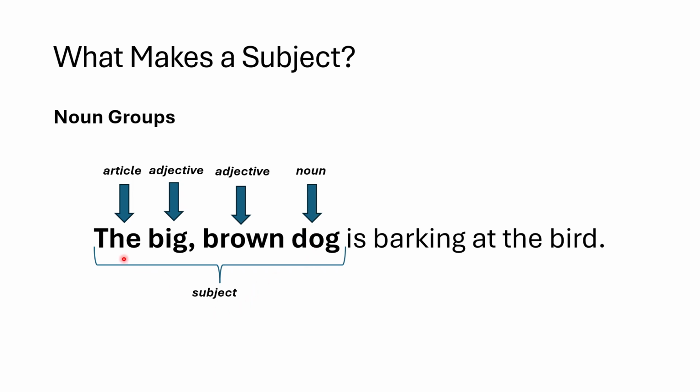Subject, the big brown dog. The big brown dog is barking at the bird. The subject is a noun group, which includes the adjectives. The adjectives describe the subject, explaining exactly which noun the sentence is about.